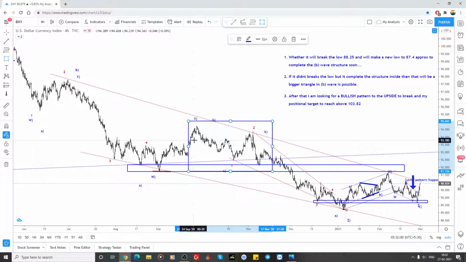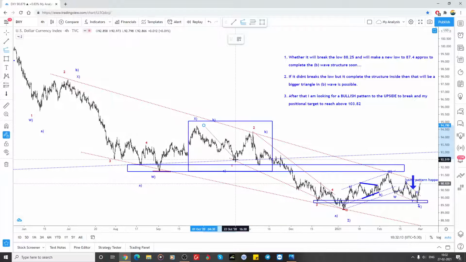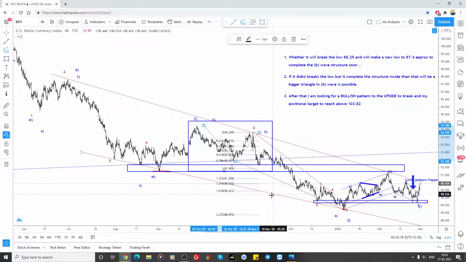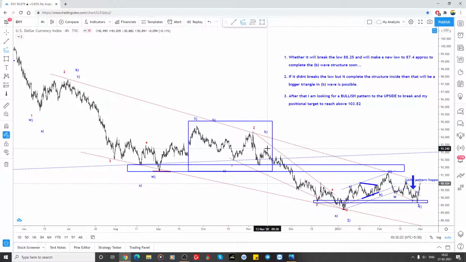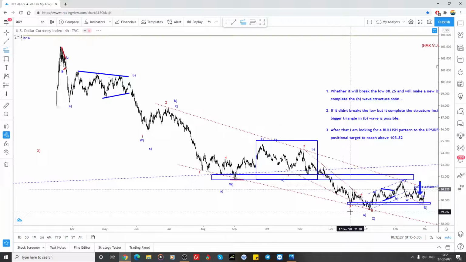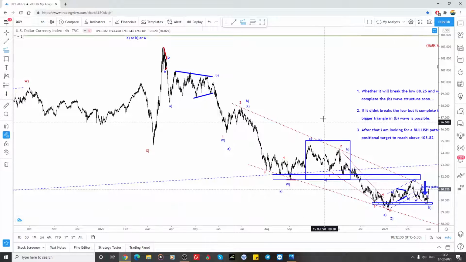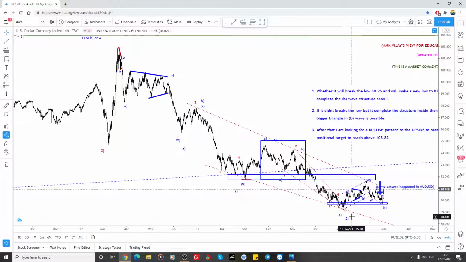Whether this is the A, a full complete 5-wave structure, or the A is here and B and C are completed here, because according to the expansion levels, it has already ended at the 1.618 here, so that is valid for the C wave. If it is A, B and C, this could be the end of the trend here, the correction.